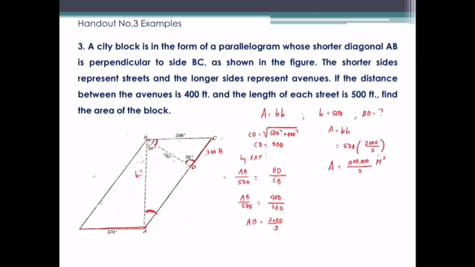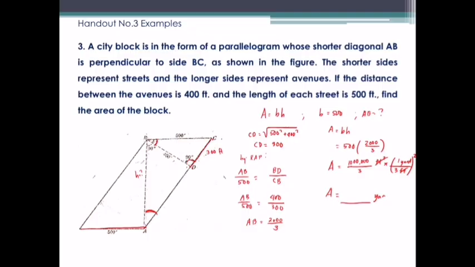Now, to make the numerical value easier to handle, if we convert this to square yard, 3 feet is 1 yard. That is your conversion factor. And since it is square, so square this one as well. So that square feet is cancelled. So you get your unit in square yard.